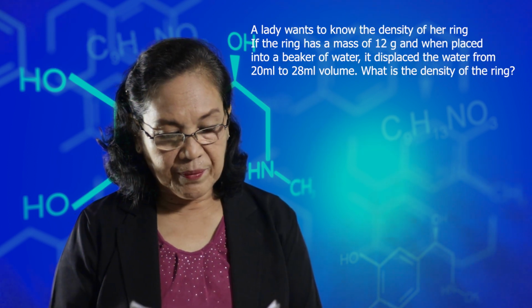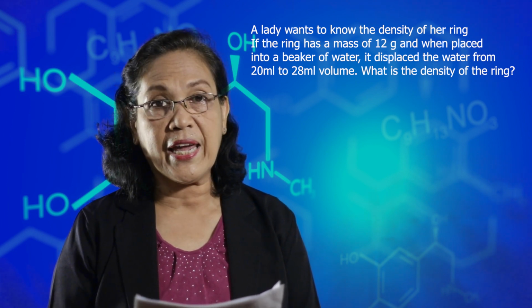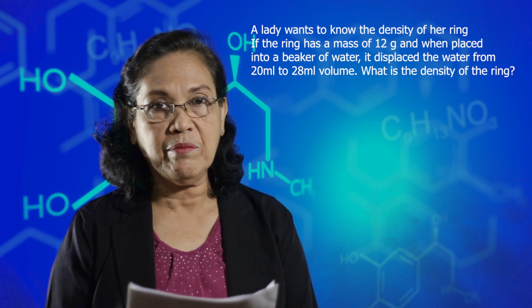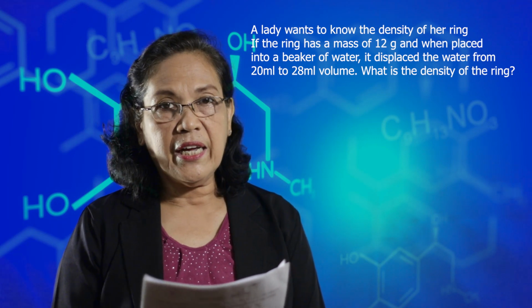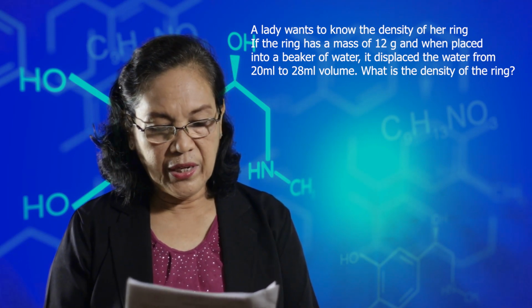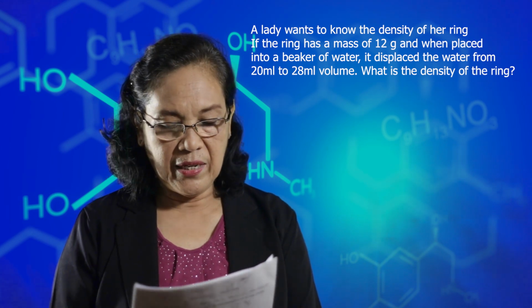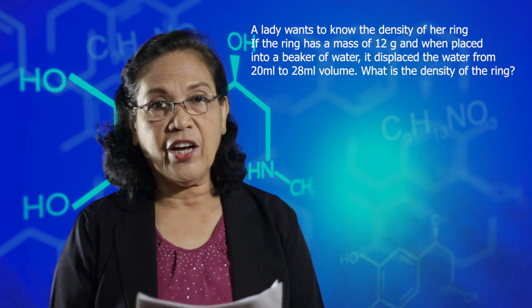Number 7. A lady wants to know the density of her ring. If the ring has a mass of 12 grams, and when placed into a beaker of water, it displaces the water from 20 ml to 28 ml, what is the density of the ring?